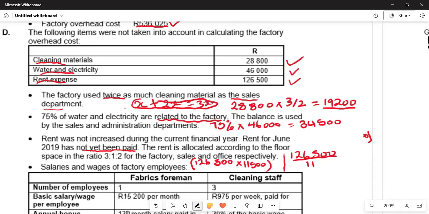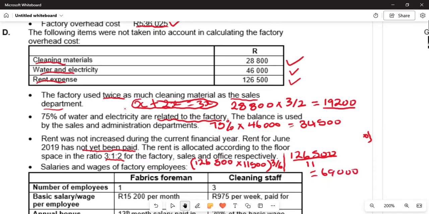Then we multiply 11,500 by 3 out of 6 because we were given the ratio 3:1:2. So the amount for rent is going to be 69,000.